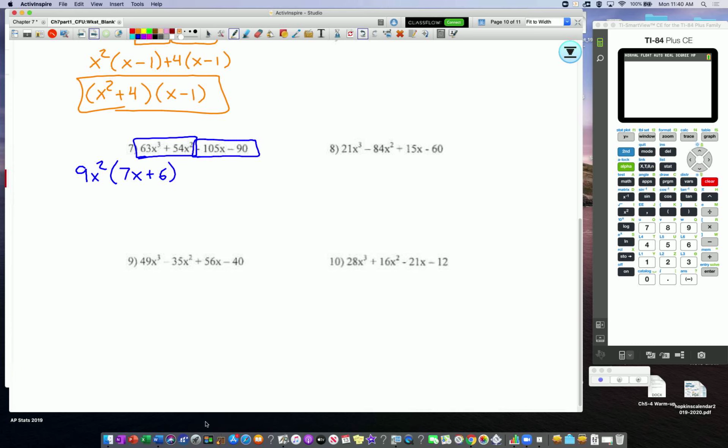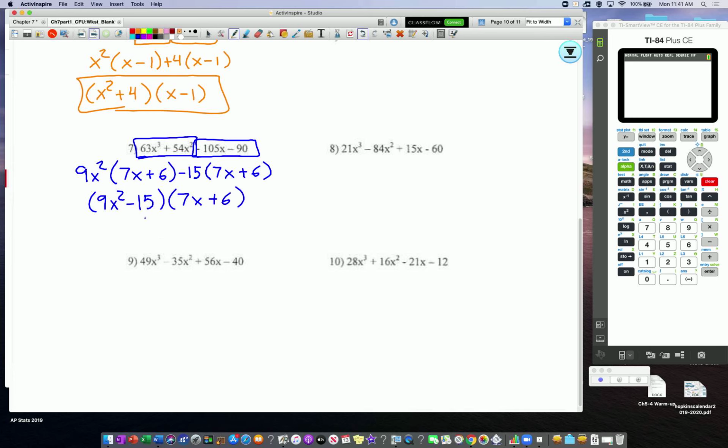Oh my goodness. Minus 15 goes into both, and I'm left with 7x plus 6. So now, combine the outsides: 9x squared minus 15 sets of 7x plus 6.